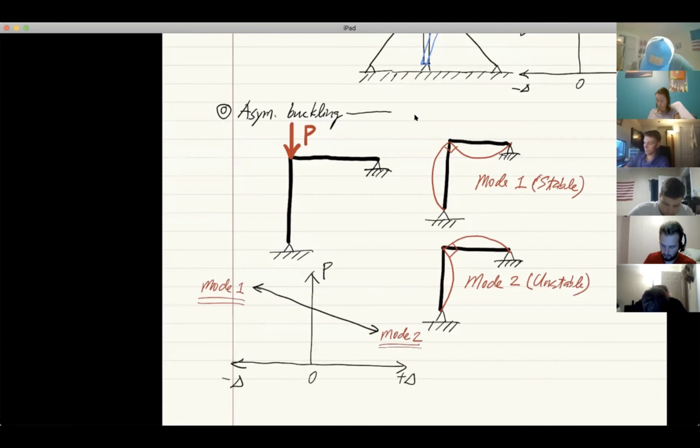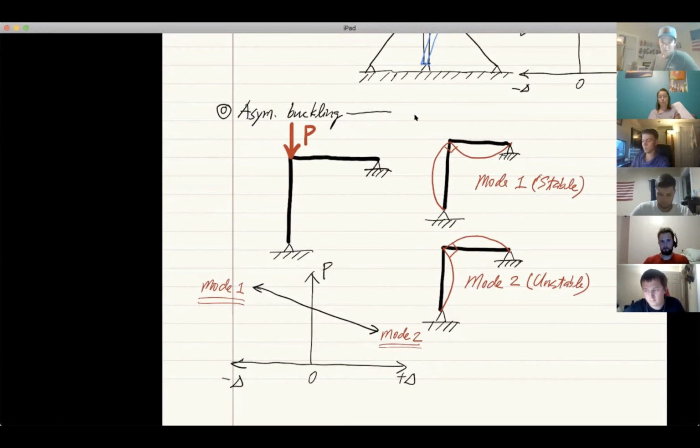In other words, it really depends on what is the direction when the column member or the beam member bends. If the column member buckles toward the left, it actually would take additional force. And that means it will be mode 1, stable buckling.